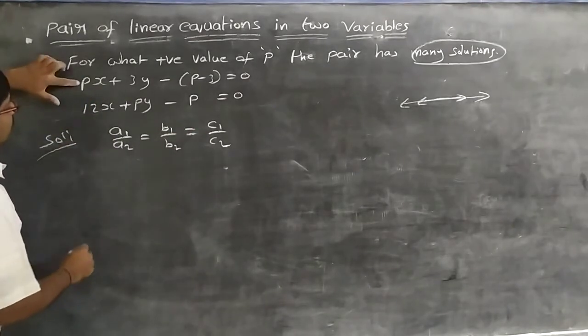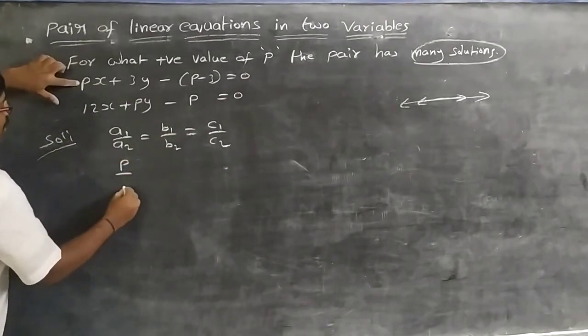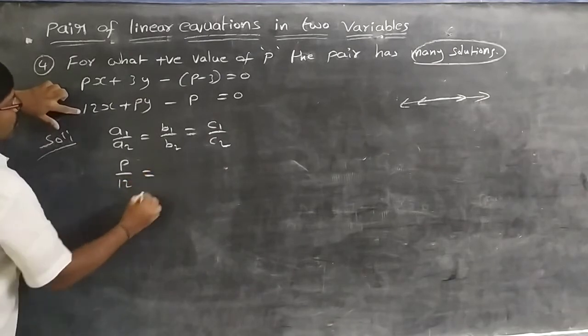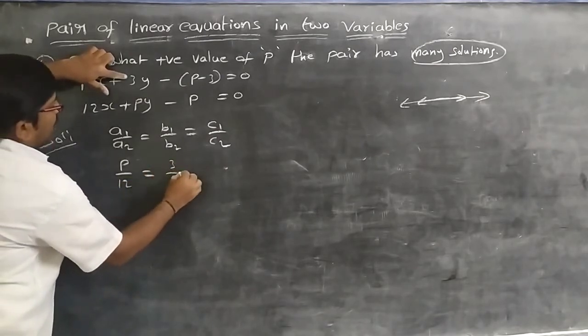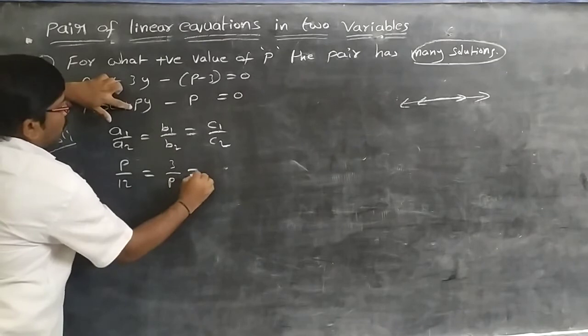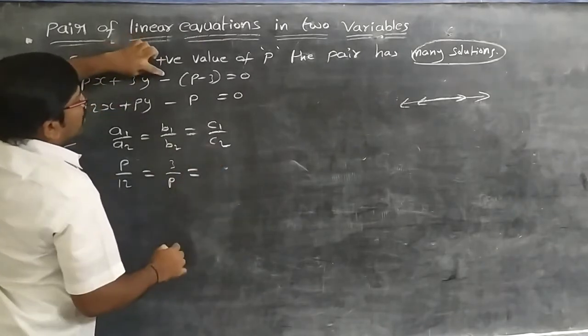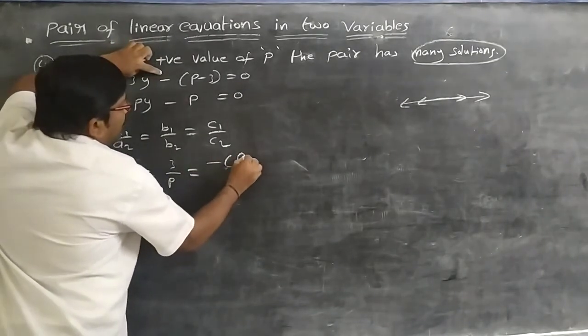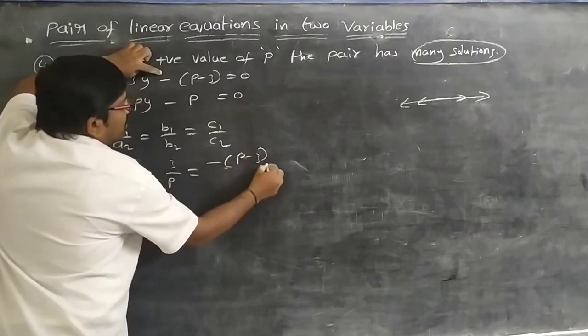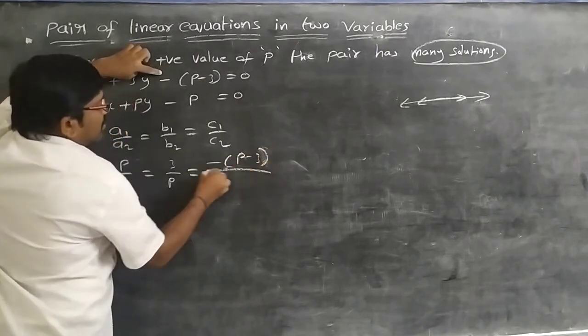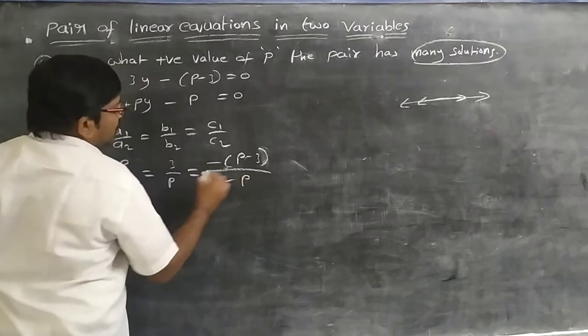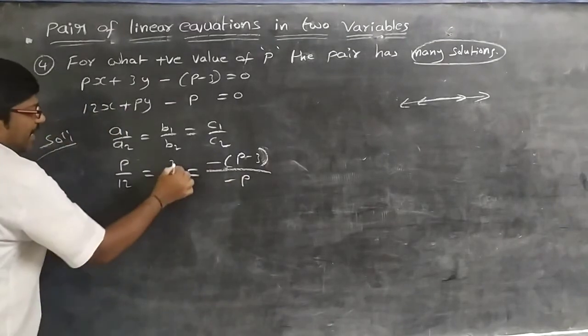So here A1 is p, p by A2 12 is equal to B1 3 by B2 p is equal to C1 by C2, minus p minus 3 by minus p, right?